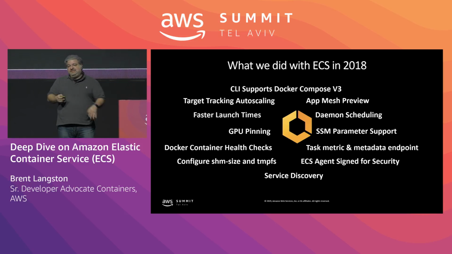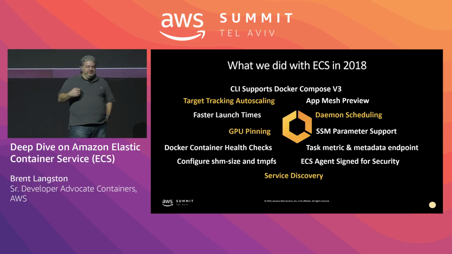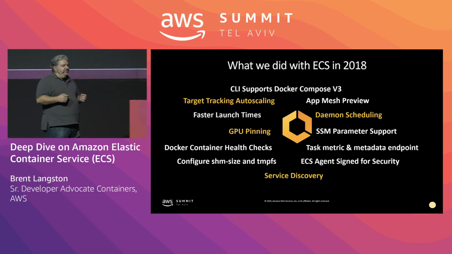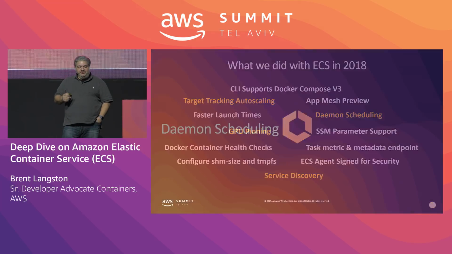So we've done a lot, and this isn't even a comprehensive list. This is just what I could remember thinking back over the year. What I want to do is talk to you about these 4, because I think these 4 are really handy and really good problem solvers for existing problems that people are fighting with.